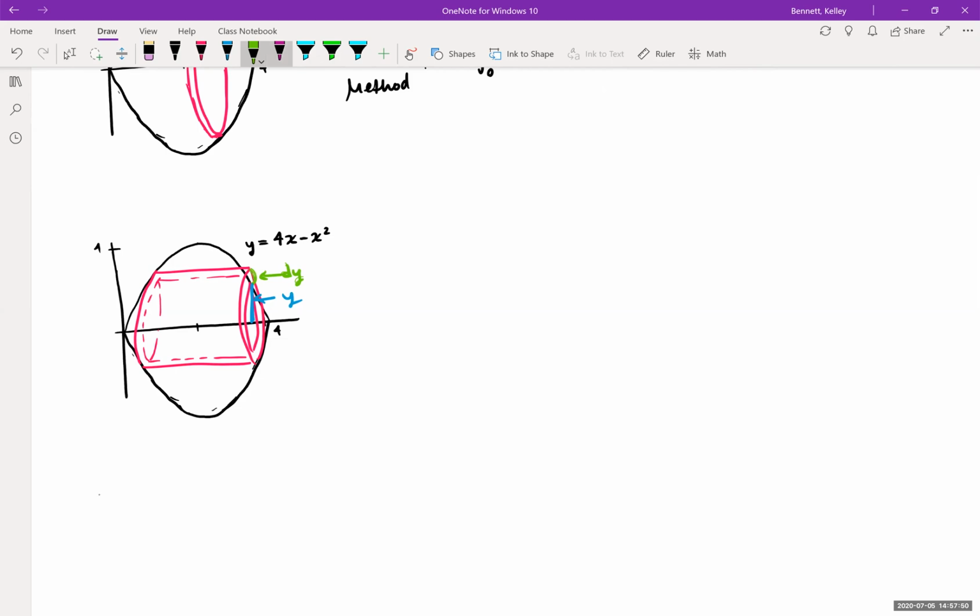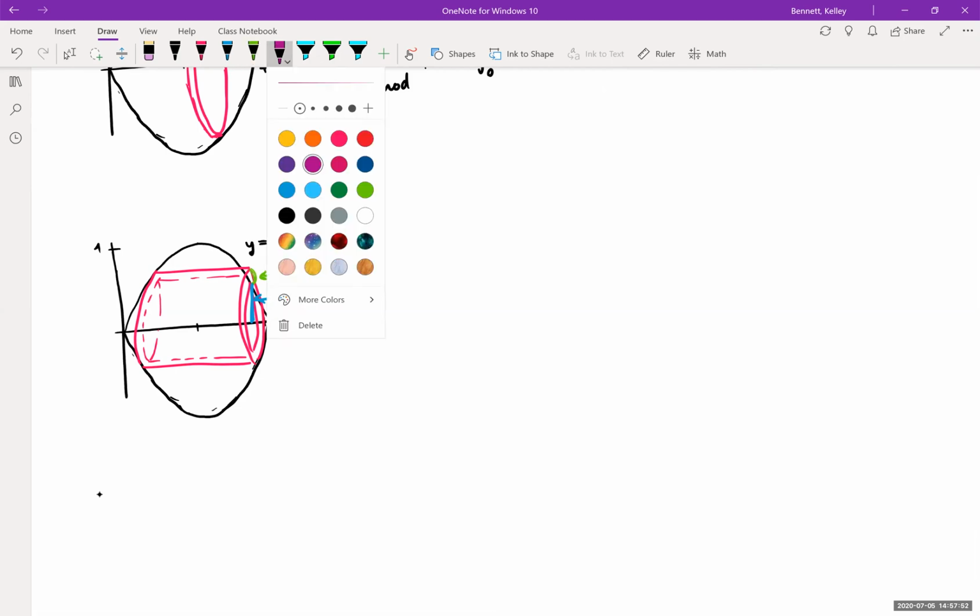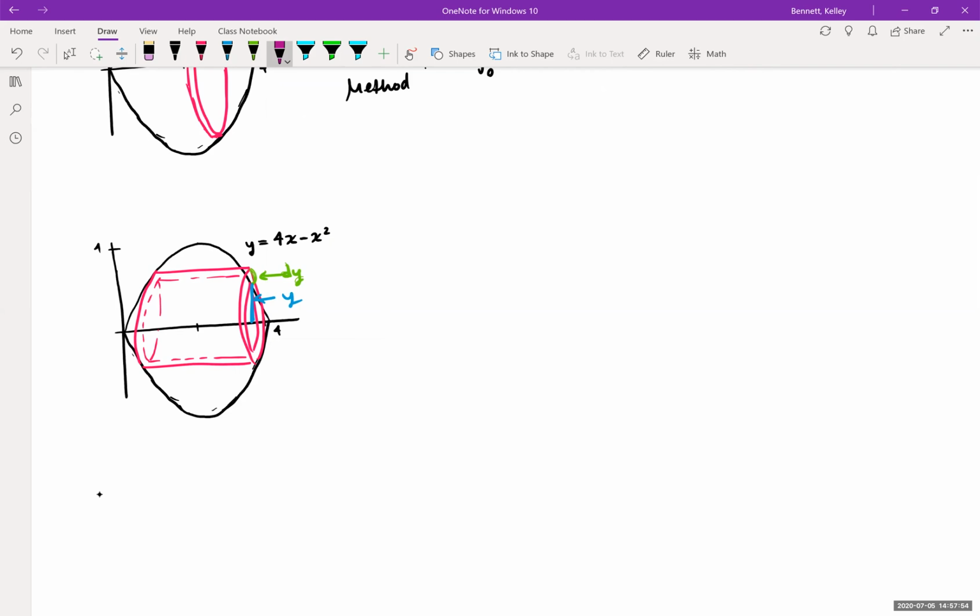But what is your length? This is where it becomes really hinky, because normally we would just subtract the two functions. We would say the one on the right is f of y, and the one on the left is g of y. So my length is just f of y minus g of y, and then my day continues as normal. Well, now I have this issue where it's really just given by one function.